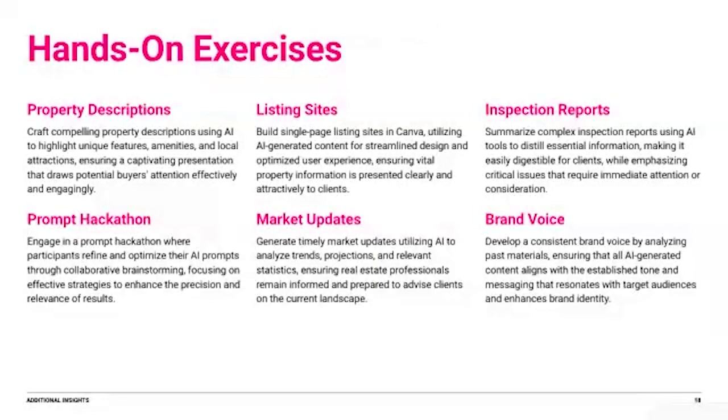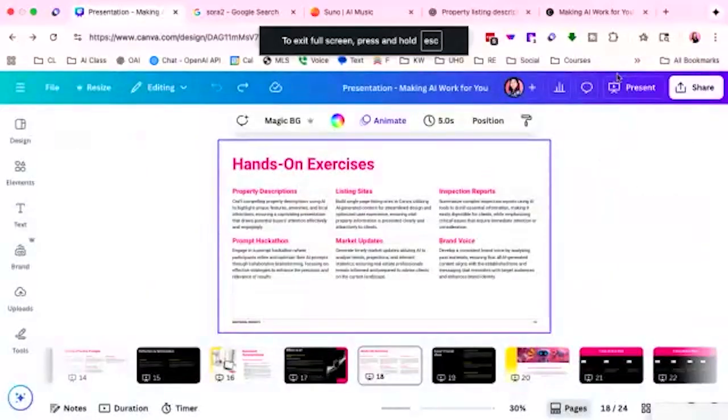So what we're going to do right now is some hands-on exercises. Instead of building a single-page listing in Canva, maybe we can do something kind of fun, since it sounds like everybody uses Canva for their marketing. Let's exit this and open something else in Canva.